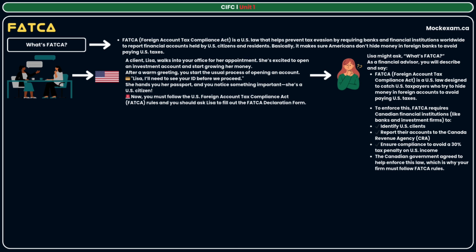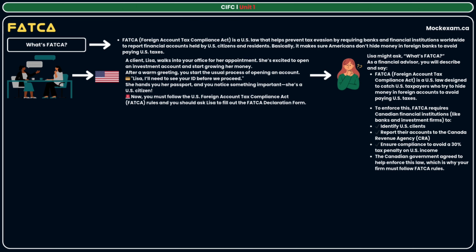Let's say you don't follow and comply with these FATCA rules. What happens? If a financial institution does not follow FATCA rules, there is a 30% tax penalty on US income of that financial institution. Okay? 30% tax penalty on US income.